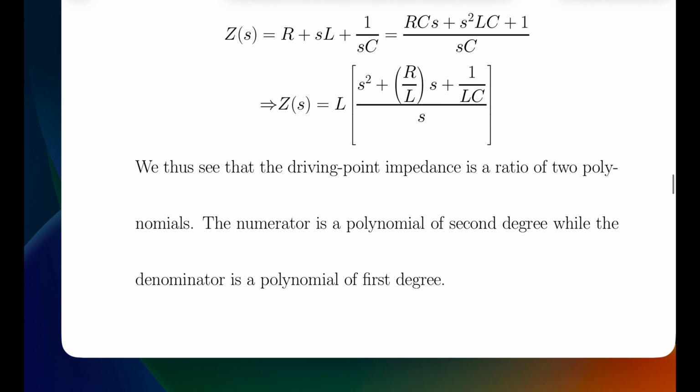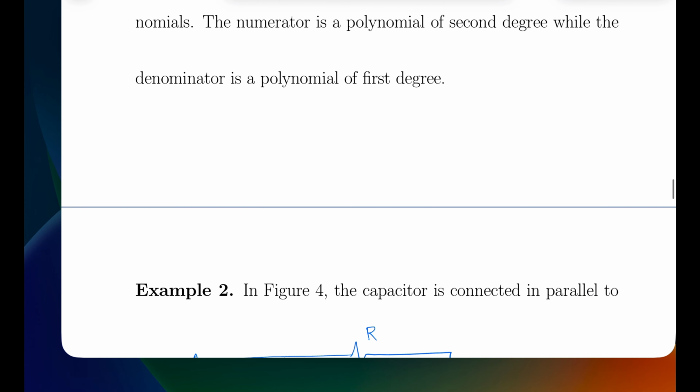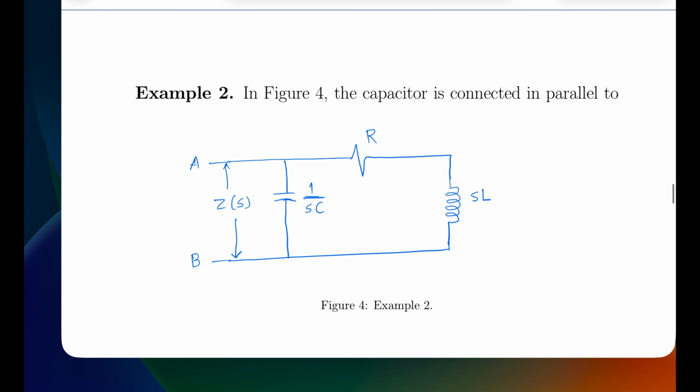We see that Z(s) is a ratio of two polynomials. The numerator is a polynomial in s of second degree, while the denominator is a polynomial of first degree. Okay? Now see the next example.